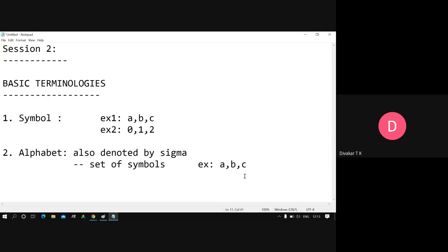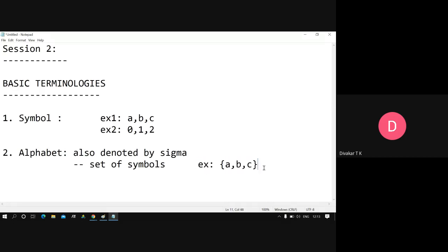So I have to include them in a set. For a set we use curly braces. See the example: the set of symbols {A, B, C}. It is within the set, so that's why we call it a set of symbols. It is also an alphabet. Got it, guys? Any doubt?